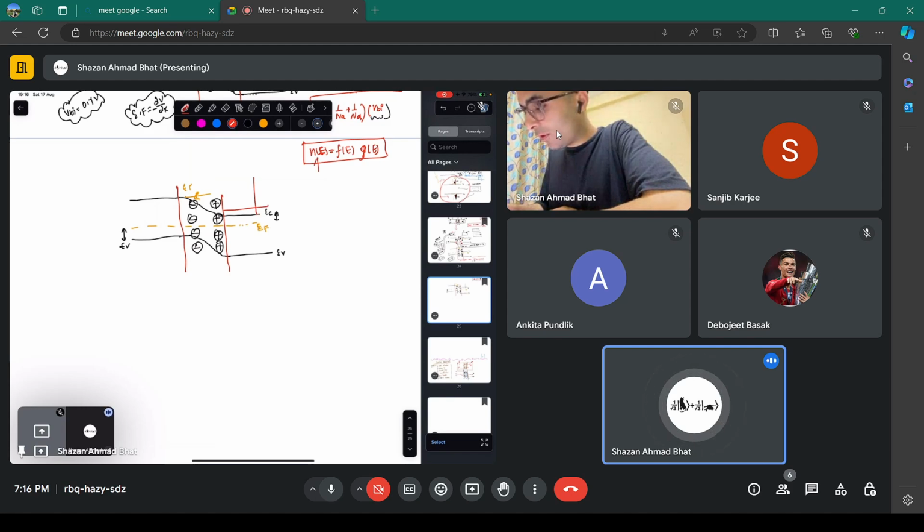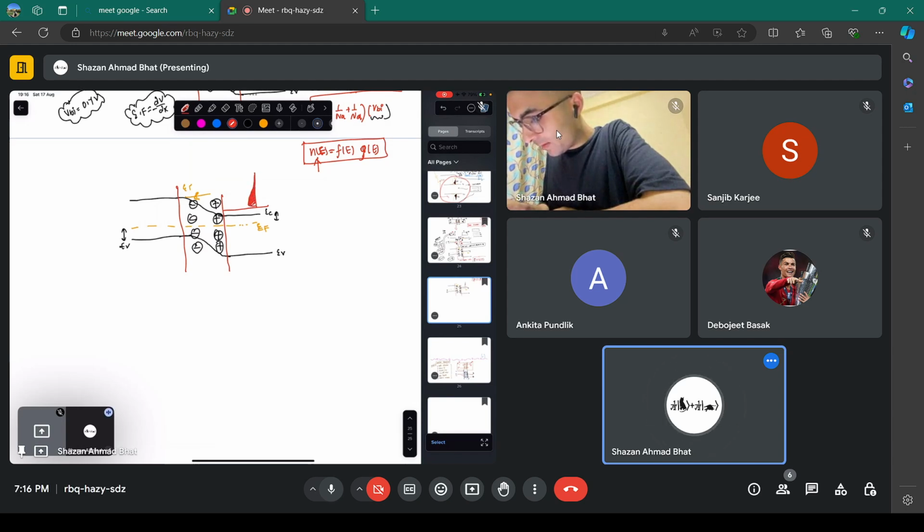Now I am drawing only n of E, which is the multiplication of the Fermi function and the density of states, with this particular Fermi tail, which is a very high energy tail. So high energy electrons are present. It's a very exaggerated picture. So it is something like this.